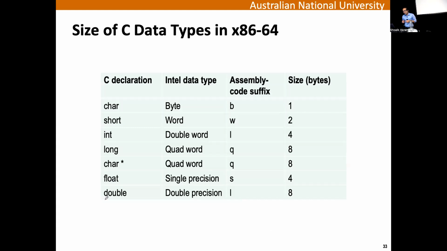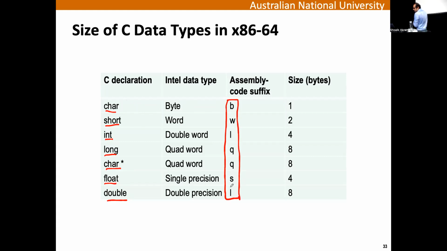So if we look at the C data types: character, short, int, long, pointer, float, double. Many x86 assembly instructions, if we add a suffix B, W, L, or Q, operate on that data type.